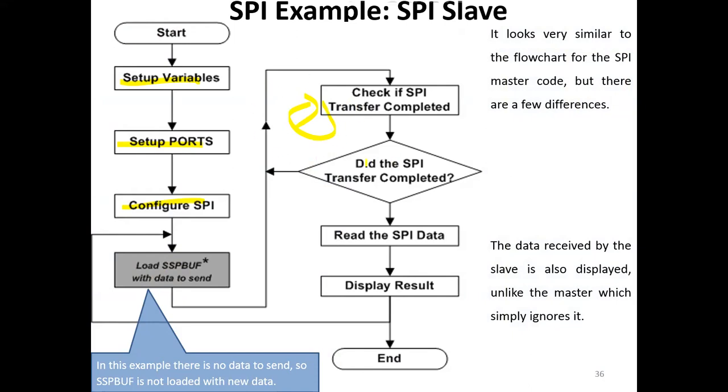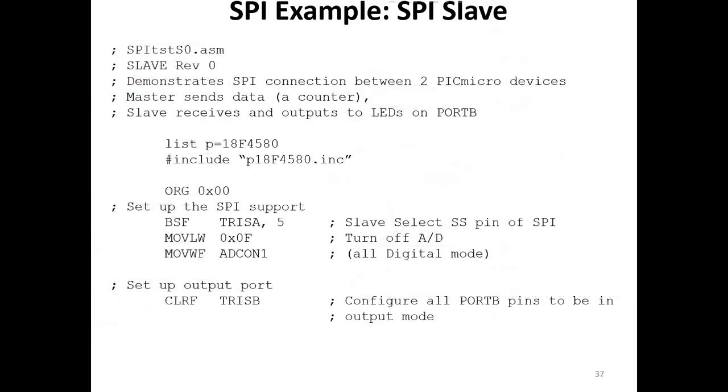Okay. So if the flag becomes 1, that means the transfer completed. That means we have a data received. We have to read this data from the SPI. That means we have to read the data from the SSP buffer. And then we have to display it to port B, and you have to use move FF, SSP buffer, comma, port B. And then we have to return back to check the flag again. This is for the slave.